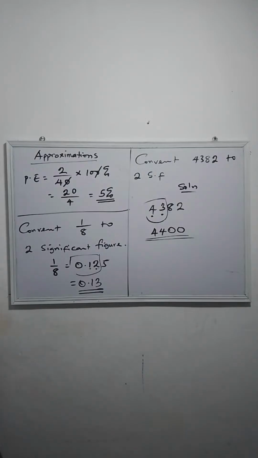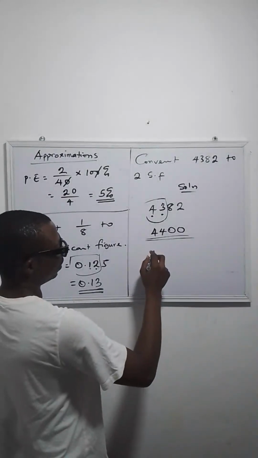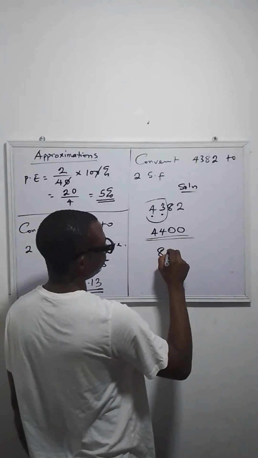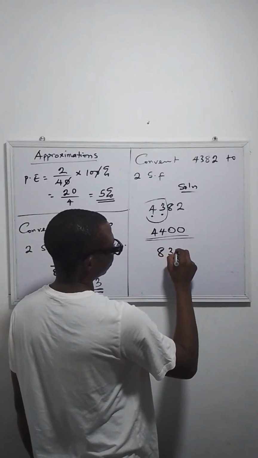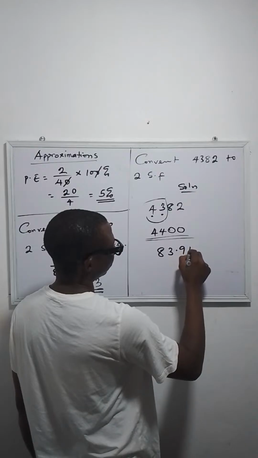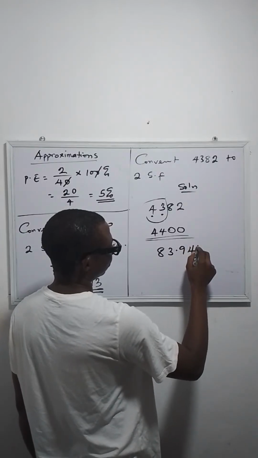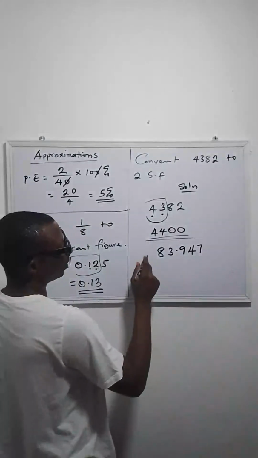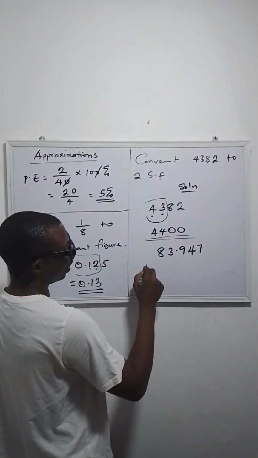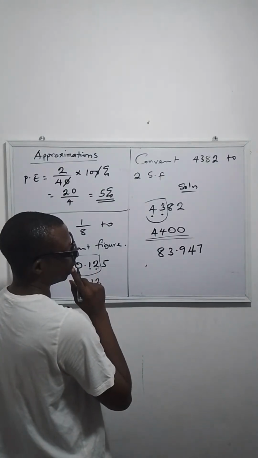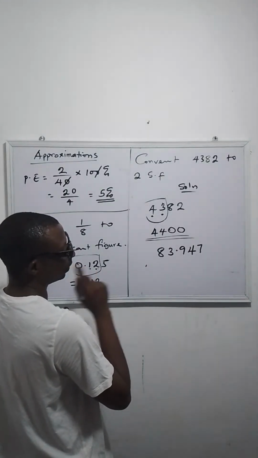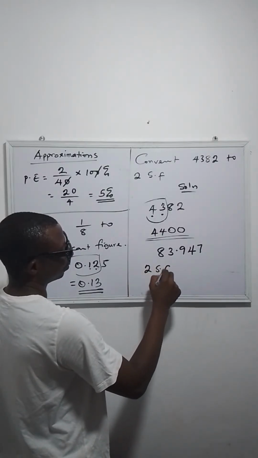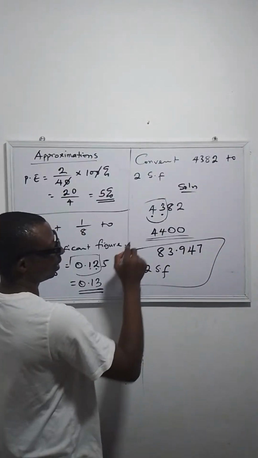Okay, the last one. Can you do this? You have to convert this to two significant figures. Two significant figures, 2 SF. Let's convert this one to 2 SF.